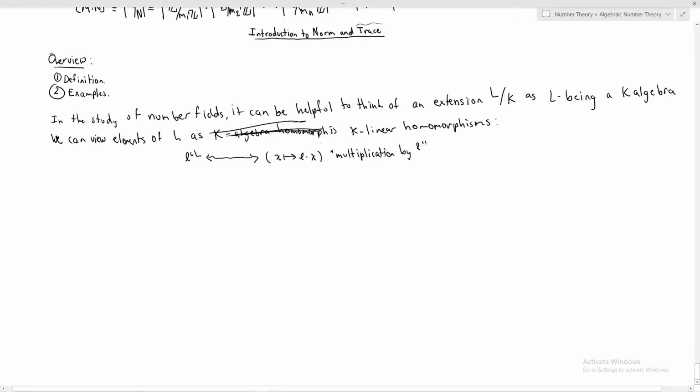And when we think of these things in this way, we can associate to elements of big L matrices with entries in K.